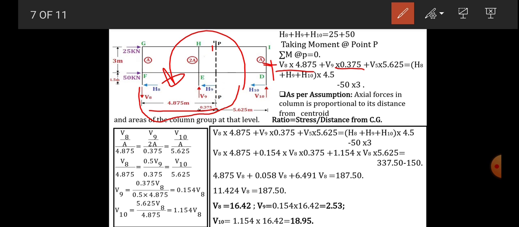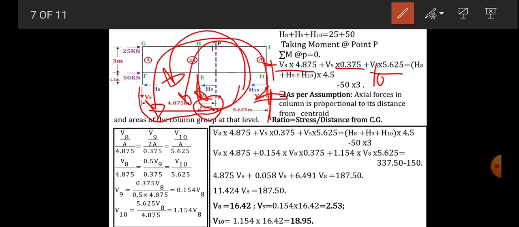The next is V9, and the perpendicular distance is 0.375, which rotates in an anticlockwise sense. Taken downward, so positive V9 into 0.375. Next is V10 acting in upward direction, and it will rotate in an anticlockwise sense. So V10 into this distance, 5.625.